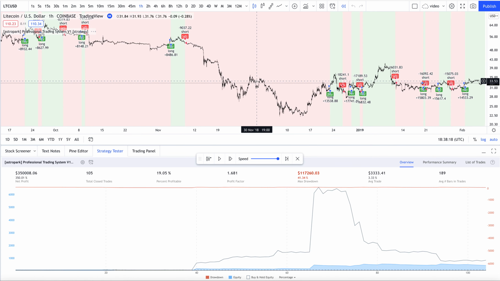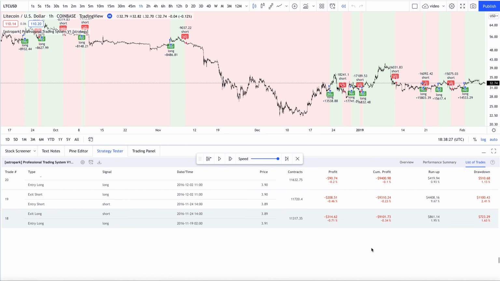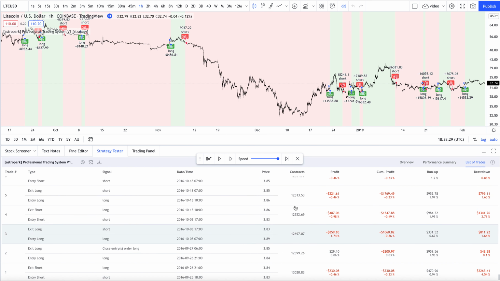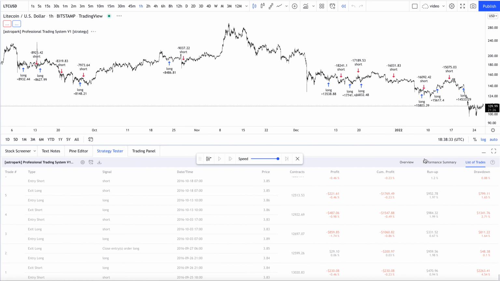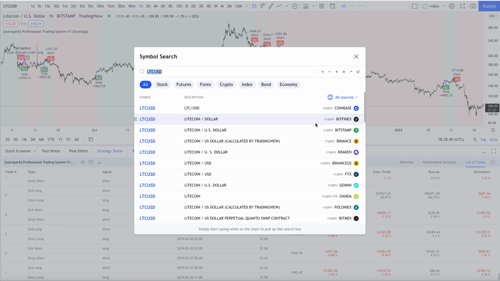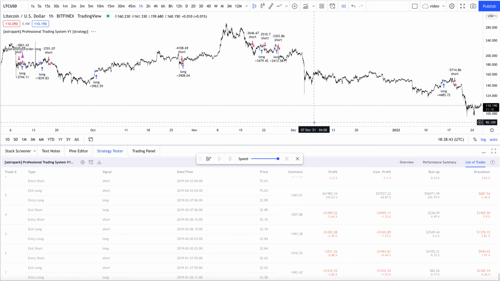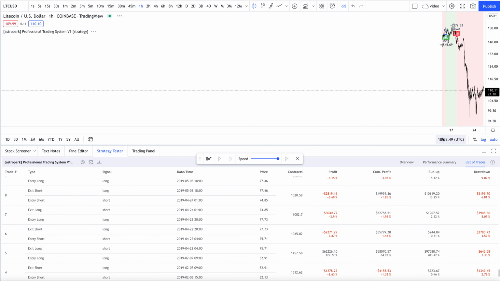In this case, how can you be sure that this is good? Okay, at the beginning, not sure if this is really good history to check. Okay, let's check for example on Bitstamp. I guess we have more history. No, we don't have more history. Maybe on Bitfinex. No, we don't.